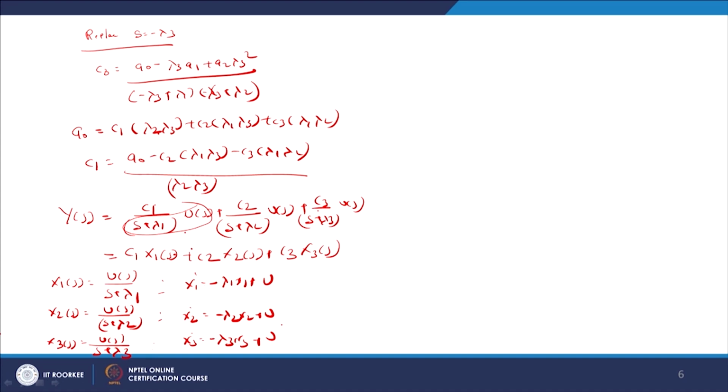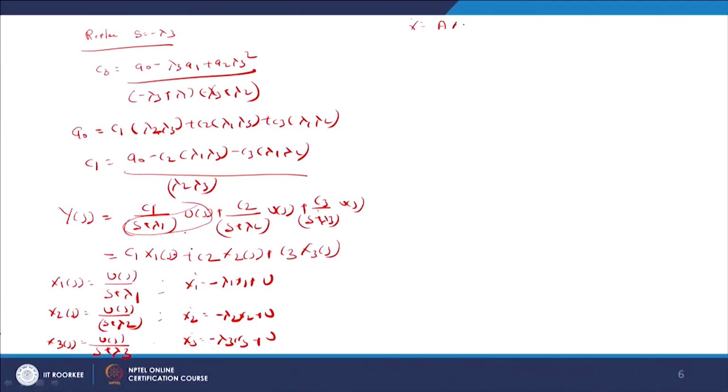The state space model is nothing but x dot equals Ax plus Bu. That is, your state space model is x dot equals Ax plus Bu. So how many states? There are 3 states. Therefore we write this equation as x1 dot, x2 dot, x3 dot. And now what is the A matrix?